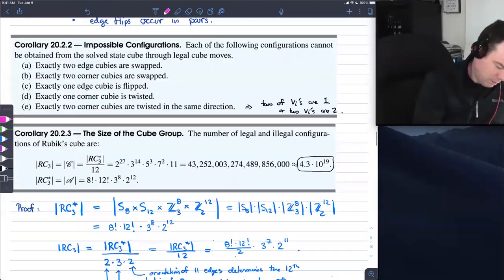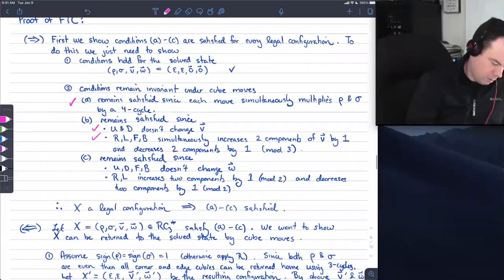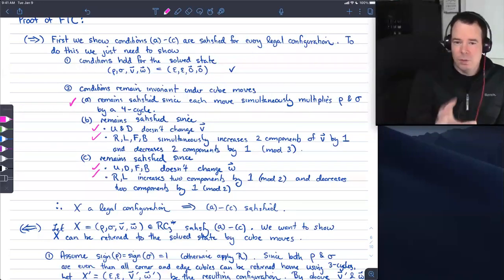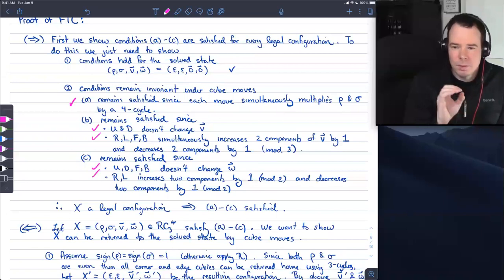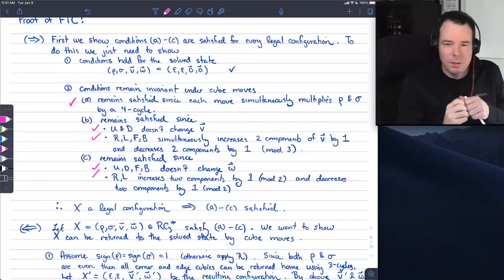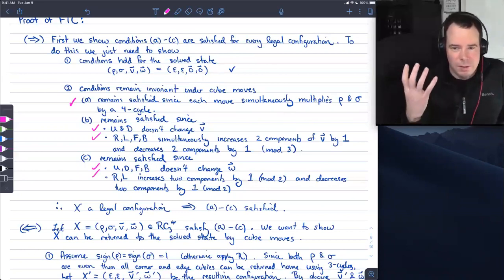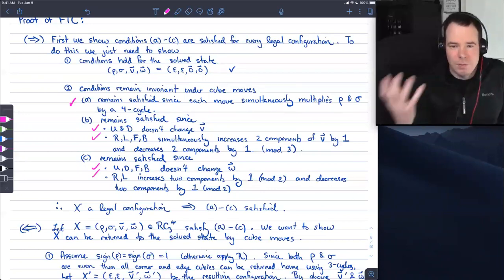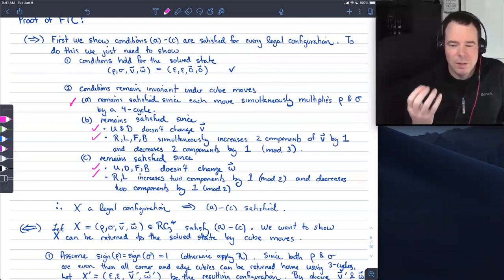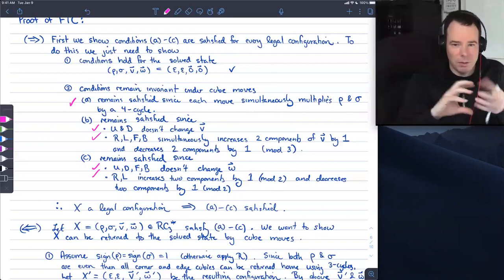So that's this one. And so that means if our configuration, rho sigma VW, satisfies conditions A through C, then every time I do a move on it, it still satisfies conditions A through C. If I want to show that a legal configuration satisfies conditions A through C, first I can get to a legal configuration by a bunch of moves.